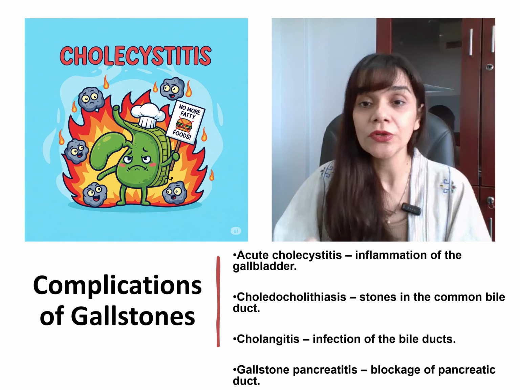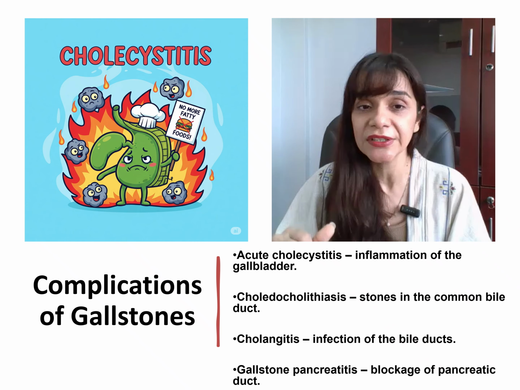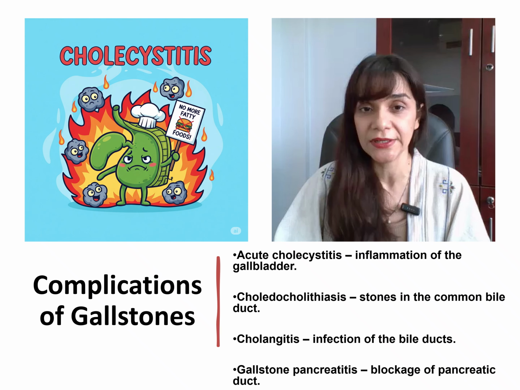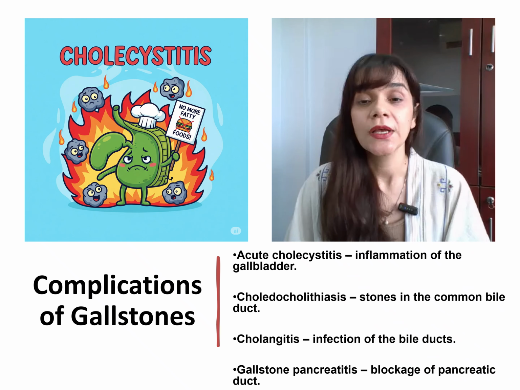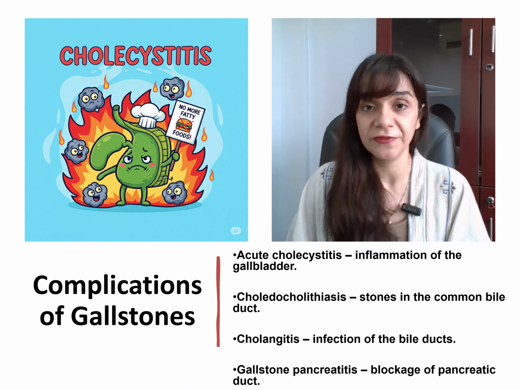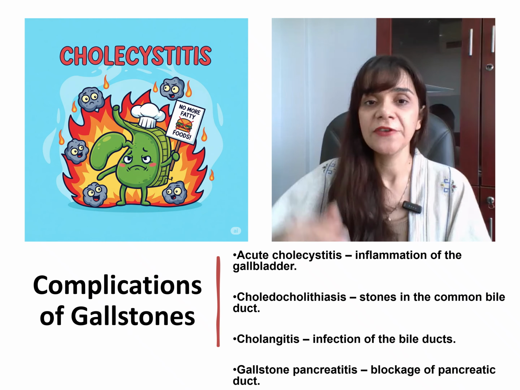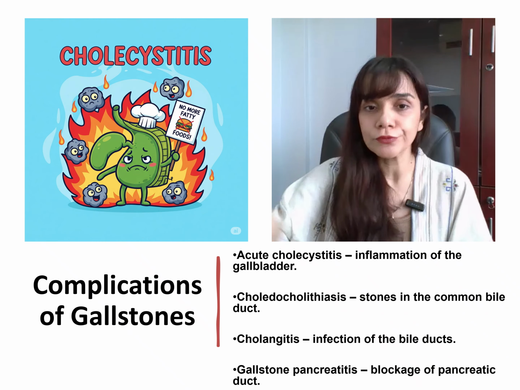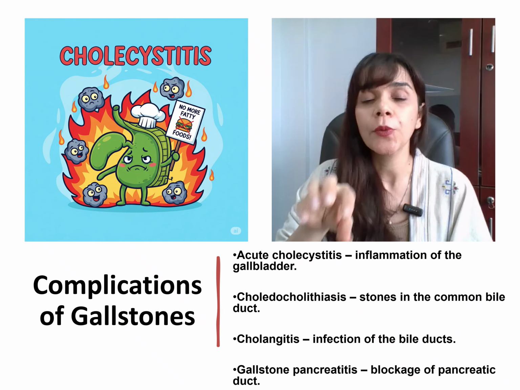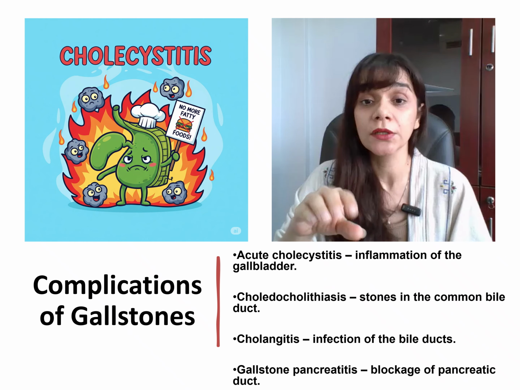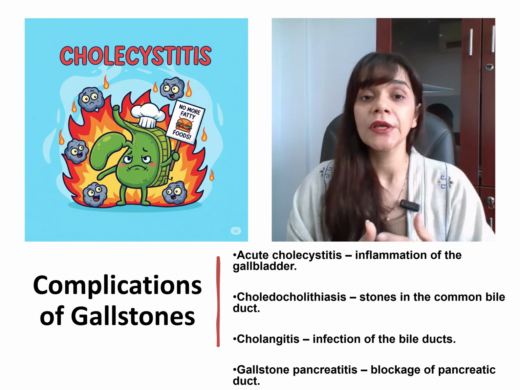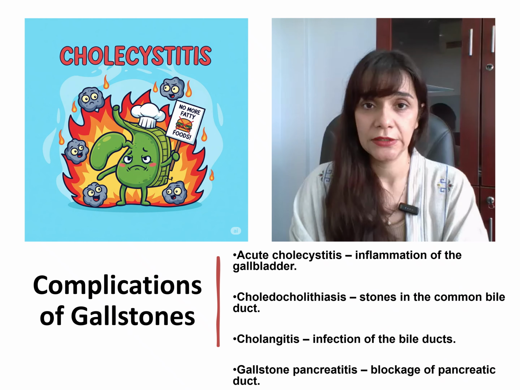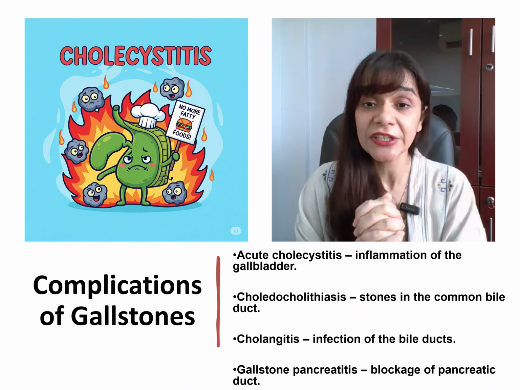If acute cholecystitis is left untreated, it can result in more serious complications, such as gallbladder rupture or infection. If stones move more distally to the common bile duct, they can block the bile flow and cause cholangitis, which is a life-threatening infection.